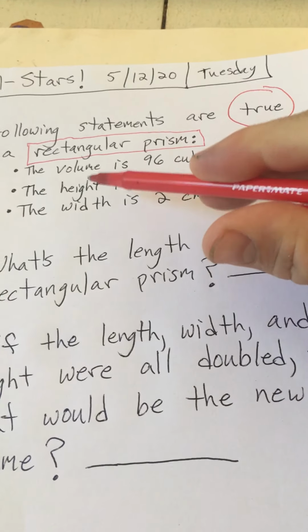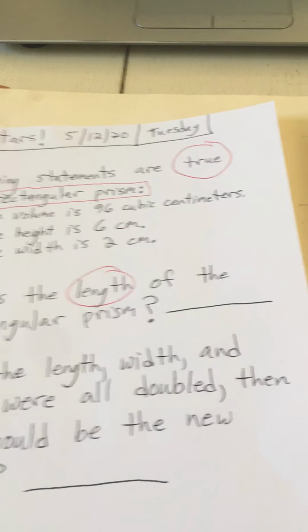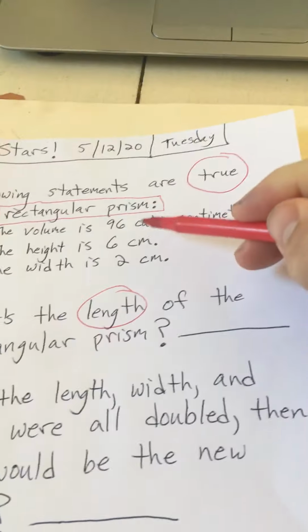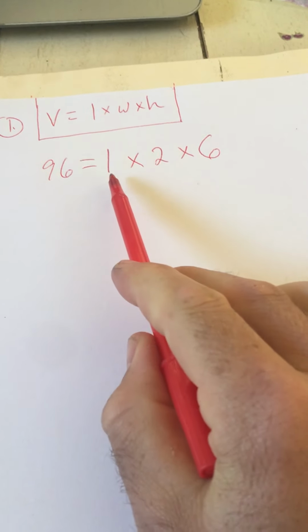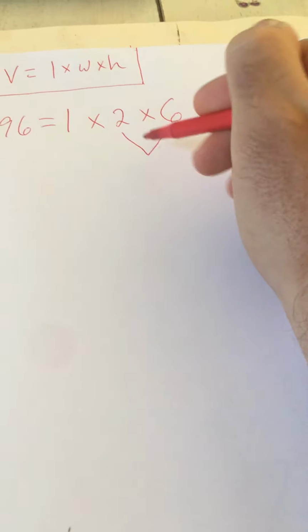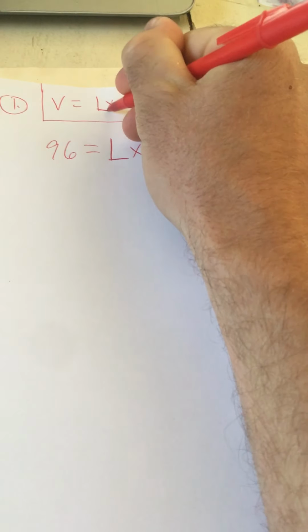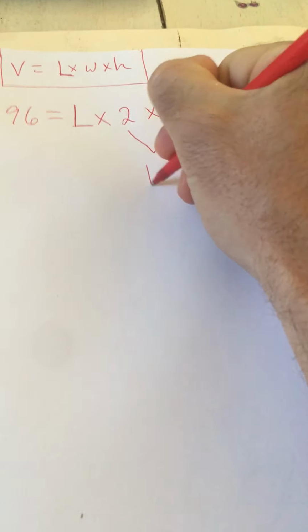So the volume is 96 equals length. We don't have the length yet. We're solving for the length times the width, which is 2, times the height, which is 6. So we have 96 equals the length times 2 times 6. Using what we know about multiplication, we can multiply 2 times 6. I should write that more like an L so you don't think it's a 1. 2 times 6 is 12.